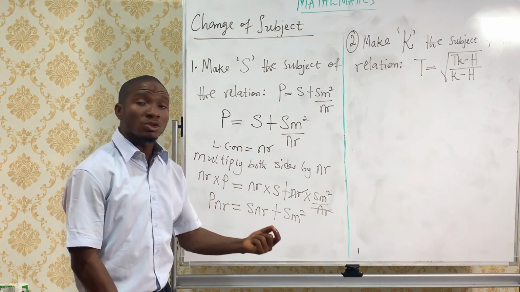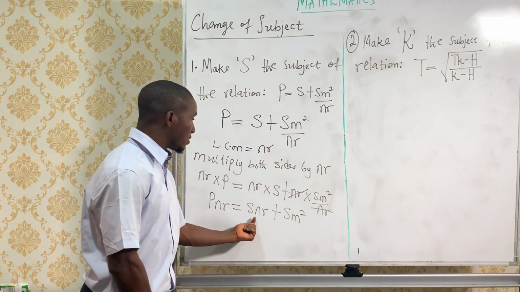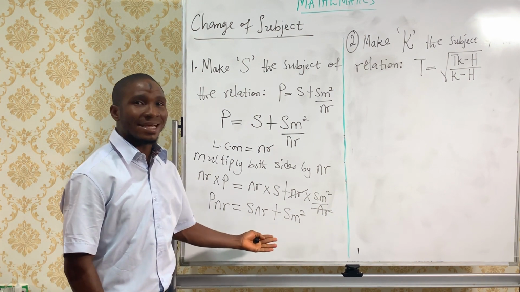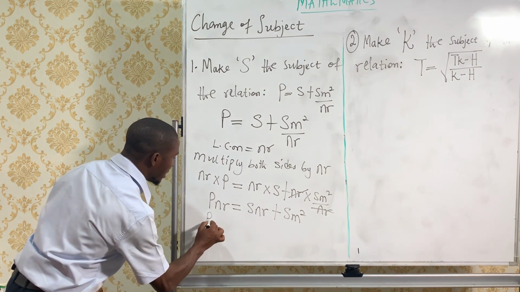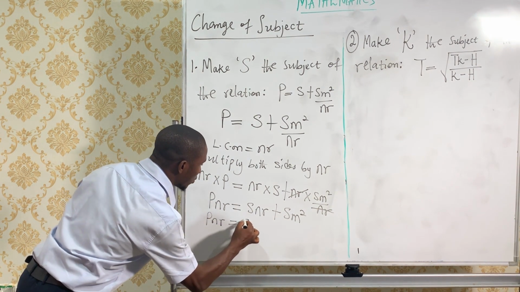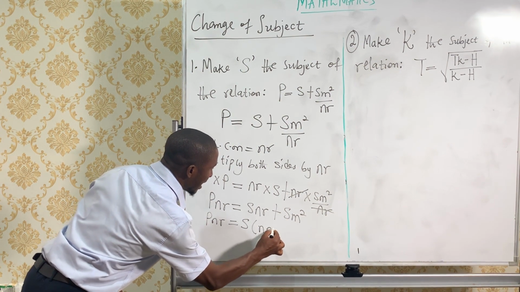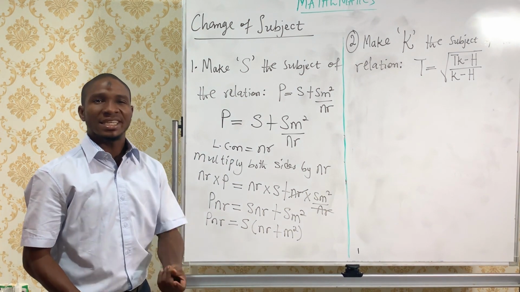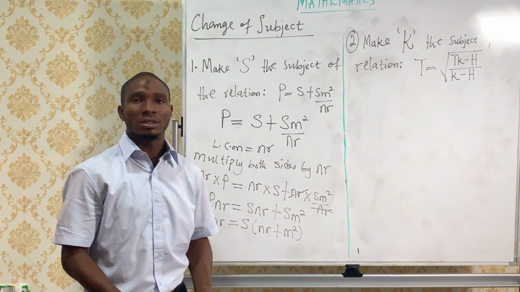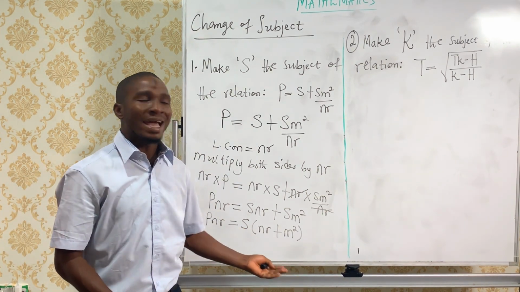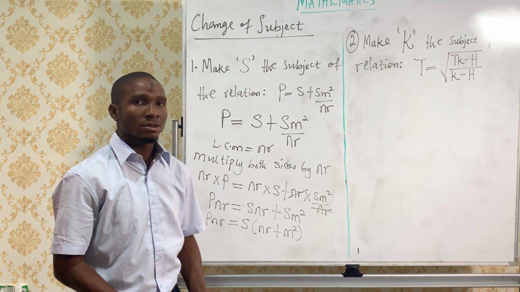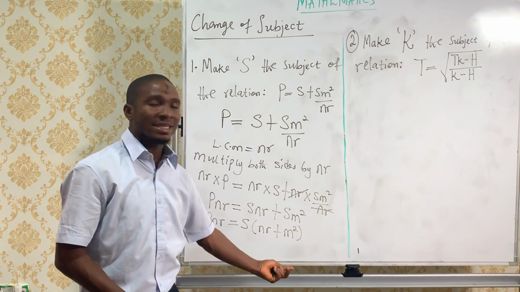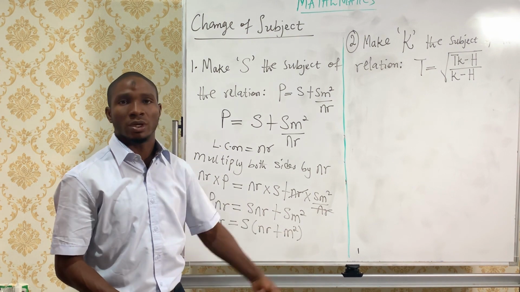Since we want to make S stand alone, S is common here, so we can factorize S out. We can now say PNR is equal to S into bracket NR plus M squared. In this expression, S has a coefficient, which is NR plus M squared.